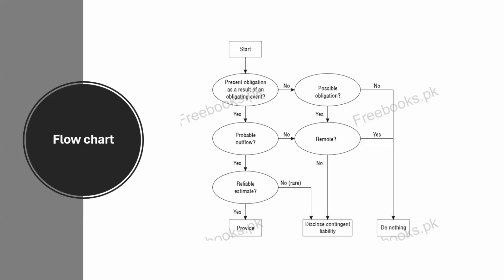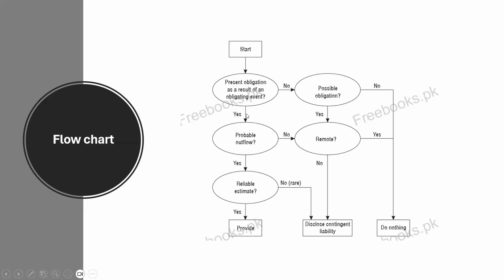Okay, so you should ask yourself, is there any present obligation as a result of a past event? If no, then ask yourself, is there any possible obligation? If no, then do nothing. Okay. Is there any possible obligation as a result of a past event?